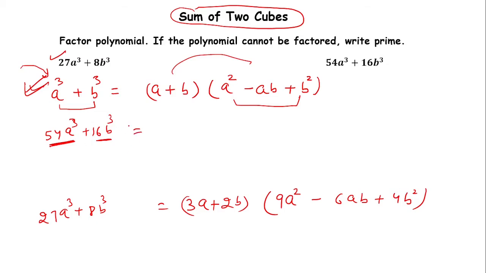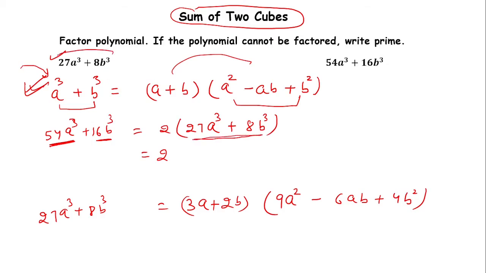Like in this case, we have a common one. And what is that common thing? 2. If 2 is taken out, the remaining portion is 27a cube plus 8b cube. This is 2. Now you can factorize this very easily.